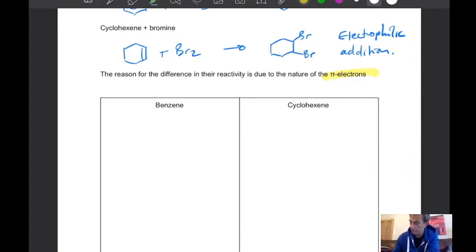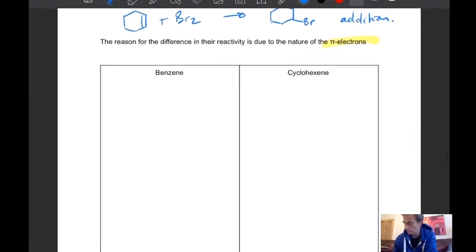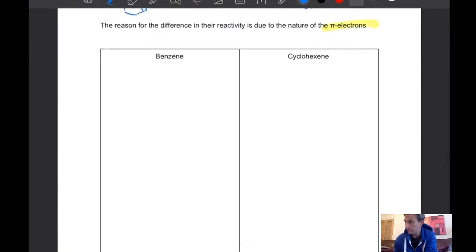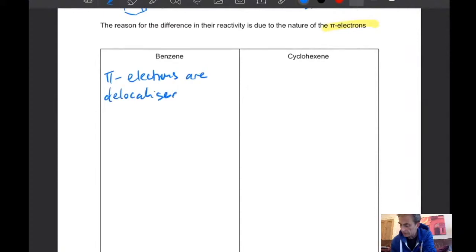So what have we got going on in benzene? What can we say about the pi electrons? I'll answer that in a second, about the different papers. The pi electrons are delocalized. What examiners want to see is the proper terminology being used. So the pi electrons are delocalized in benzene.